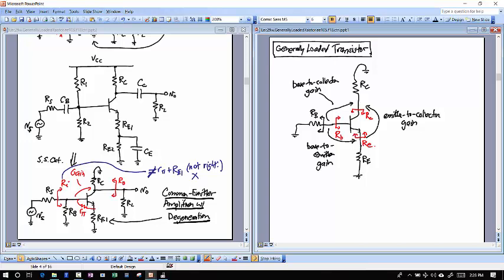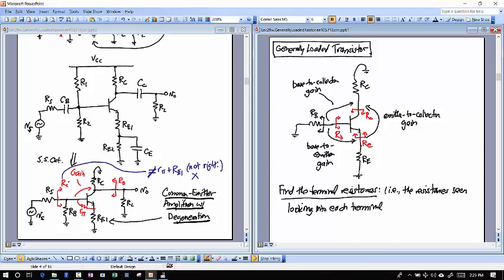So first, let's start by finding the terminal resistances. Okay, so this means that the resistance, in other words, the resistance seen looking into each terminal of the transistor.